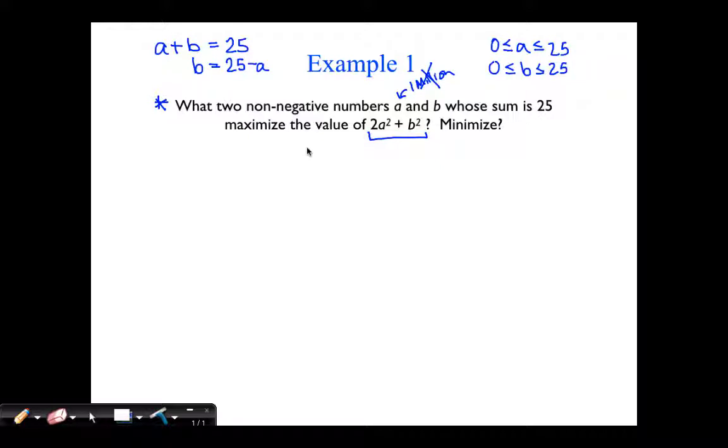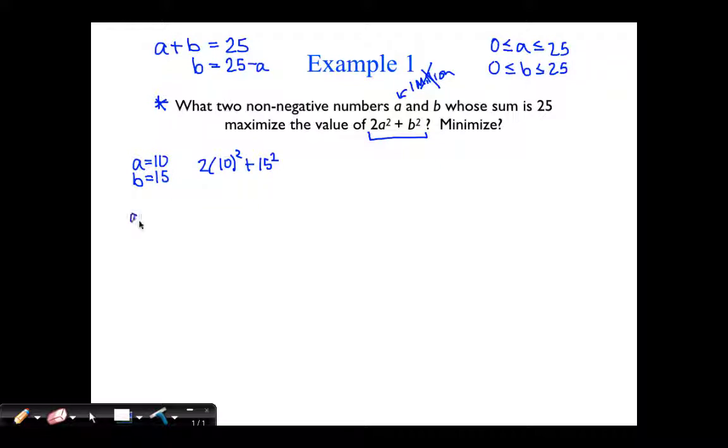And if you're looking at this problem trying to figure out how you would ever know to do that, just think about what if I were going to do this via guess and check? I'm going to try to maximize the value of this, and I picked a is 10 and b is, oh, I know what b has to be. b has to be 15. And then I could substitute in the value 2 times a squared plus b squared.